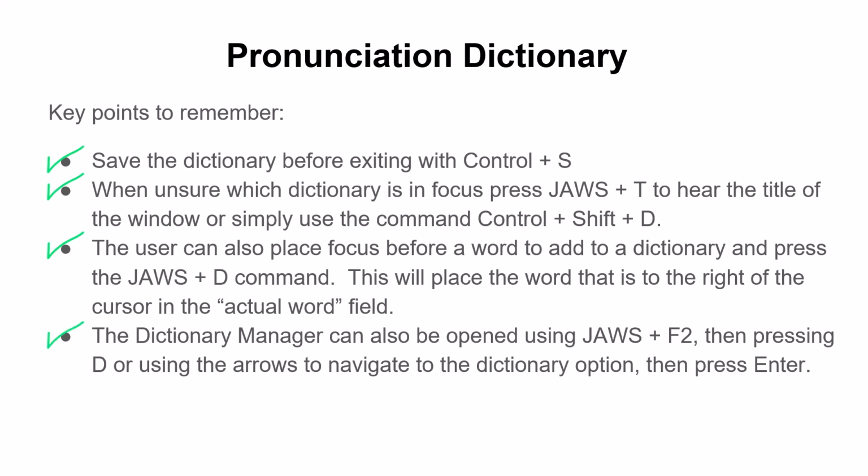The dictionary manager, by the way, can also be opened using the JAWS key or Insert plus F2 and then pressing D, or using the arrows to navigate to the dictionary option and pressing Enter. So, as usual, there's more than one way to accomplish a goal.